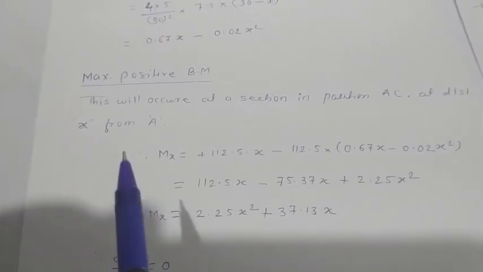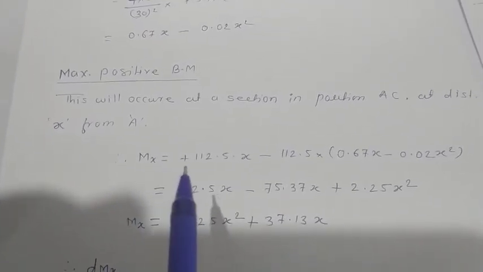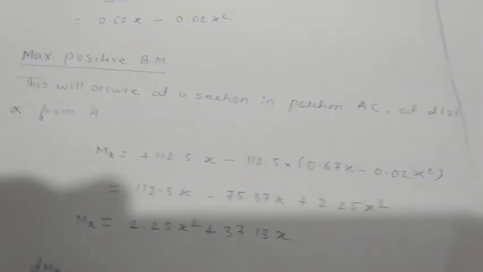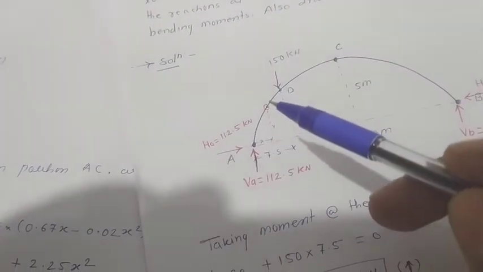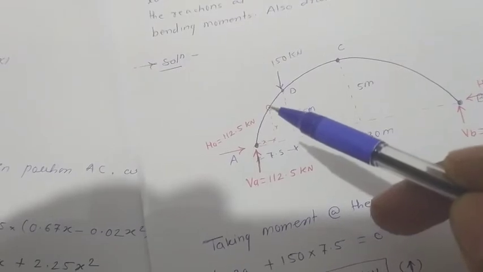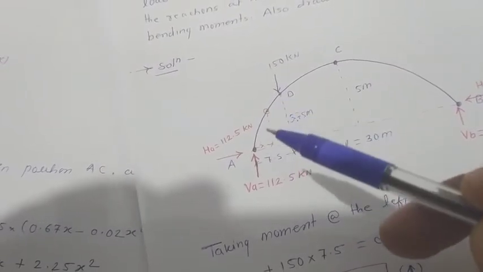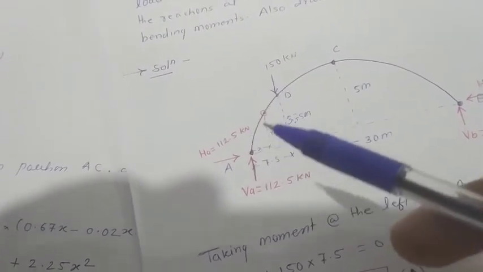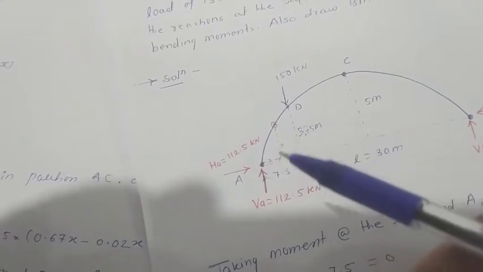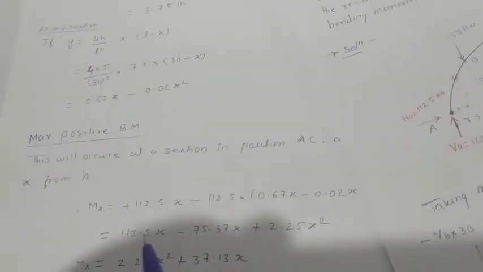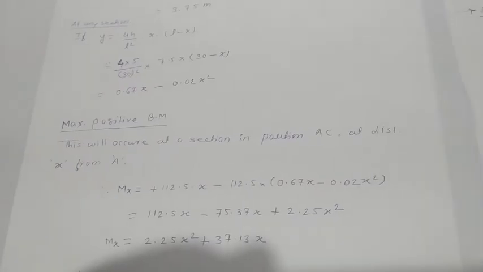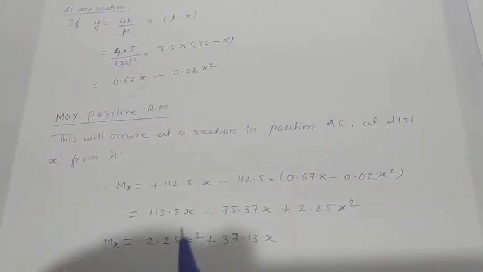So just take the moment about that point. 112 multiplied by x, then HA into y, and my y is 0.67 x minus 0.02 x square. If you put all these values, you will get this one.